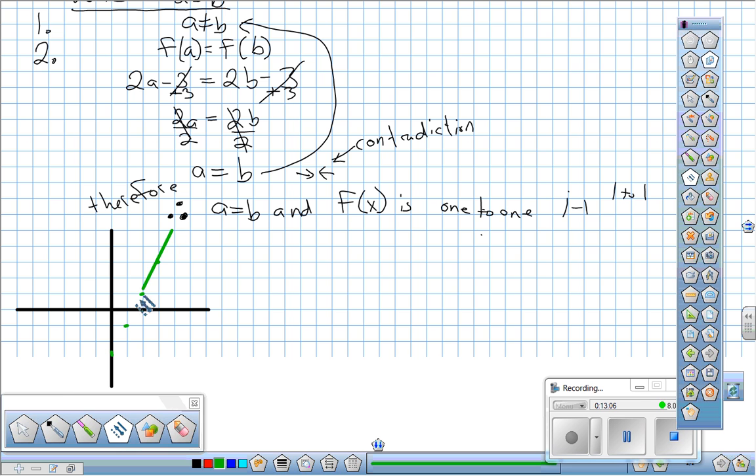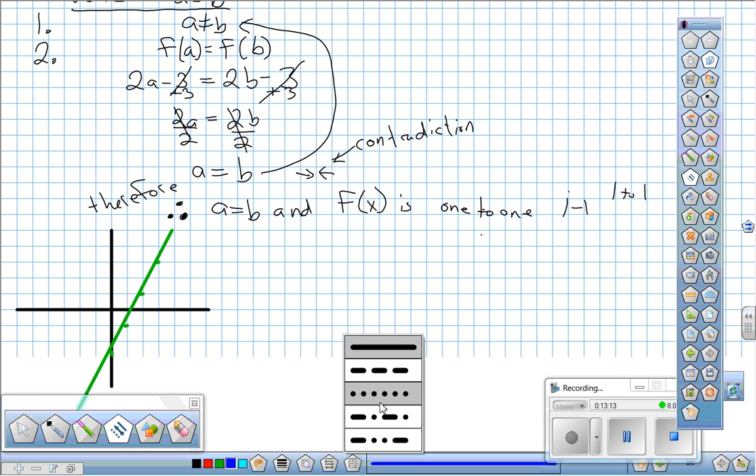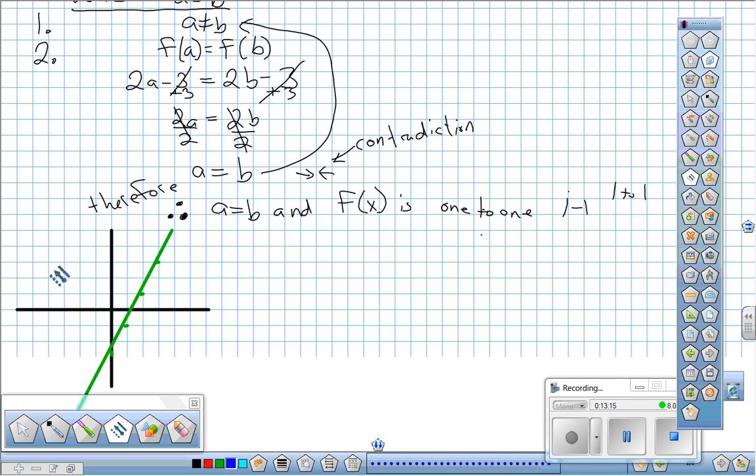So this is what my graph would look like. And then I have a test, which is called a horizontal line test, to test if something is 1 to 1. So the 1 to 1 test is a horizontal line test.